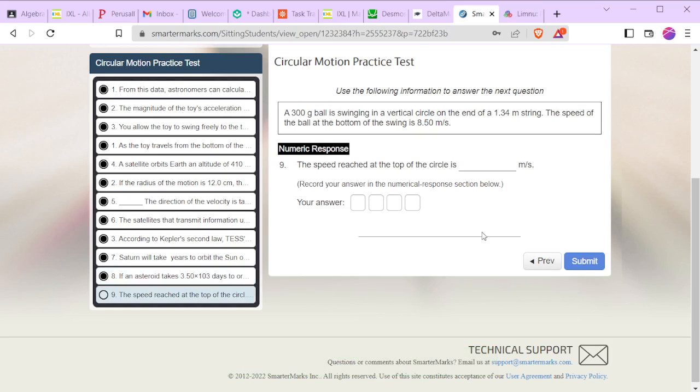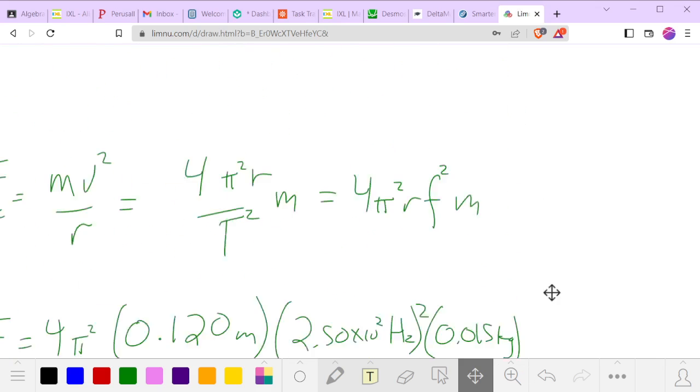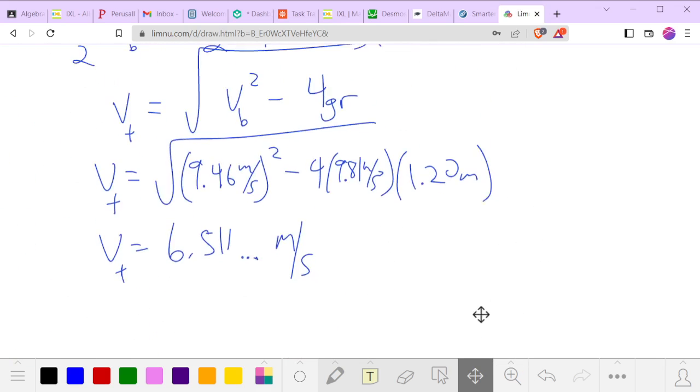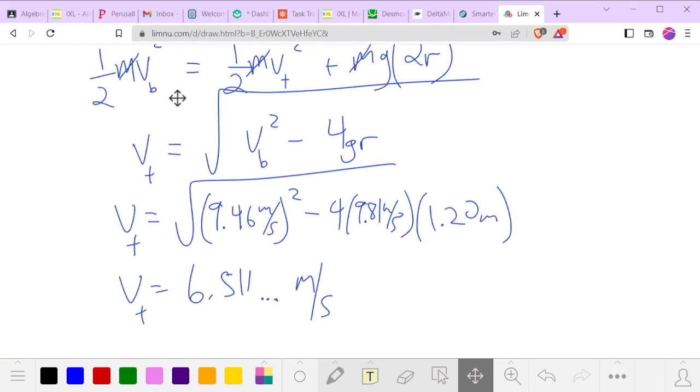Now finally, a 300-gram ball is swinging in a vertical circle at the end of a 1.34 meter string. The speed of the ball at the bottom is 8.5 meters per second. We can do this like we did way back in this one, and do it with that conservation of energy.